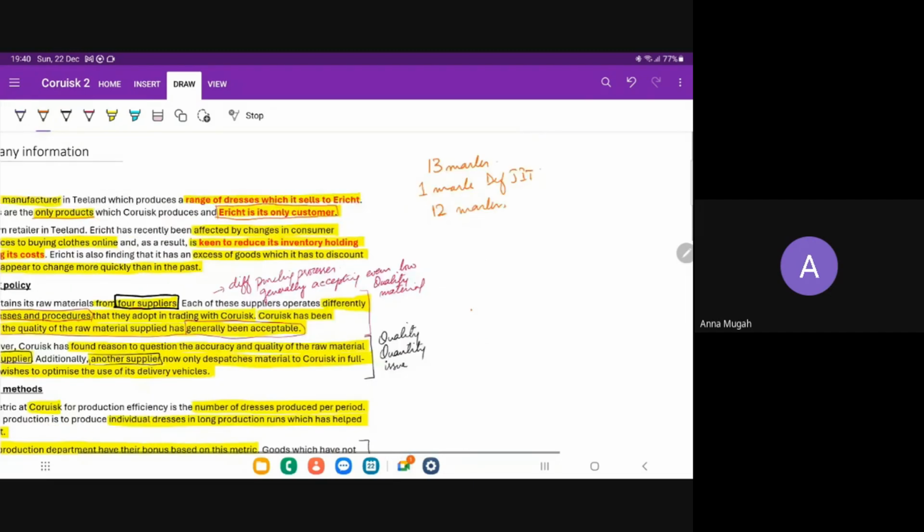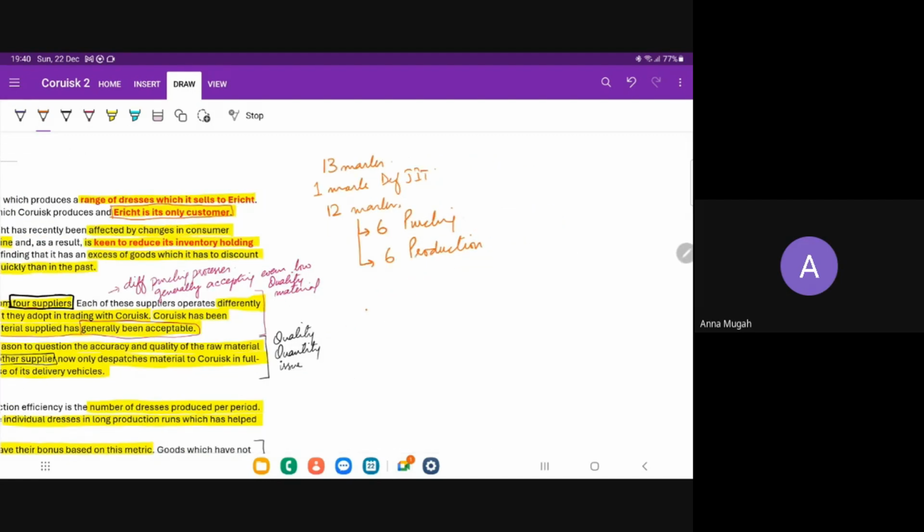So let's prorate it like this: 6 marks for the purchasing part and 6 marks for the production part. We will make two headings: production and purchasing, right? So if 6 marks are allocated to the purchasing part, that means you have to identify the problems or changes you have to make, and then you have to tell not the examiner but the CEO why these are important, right?